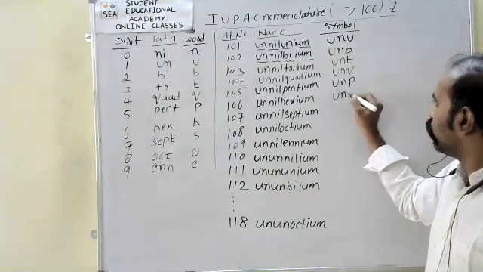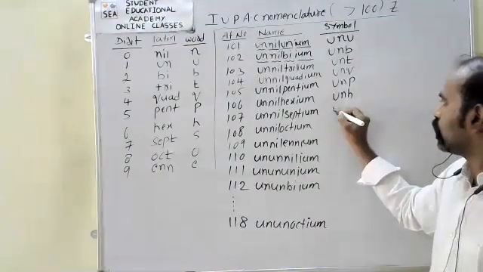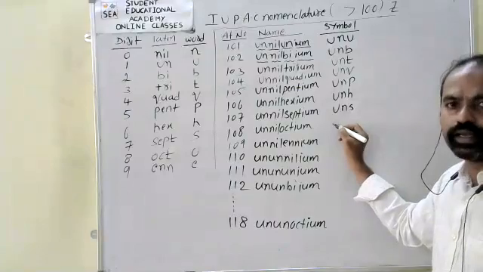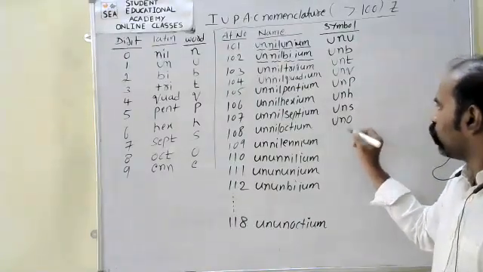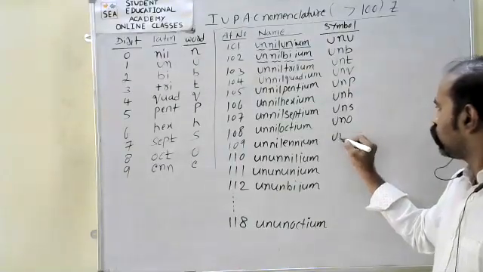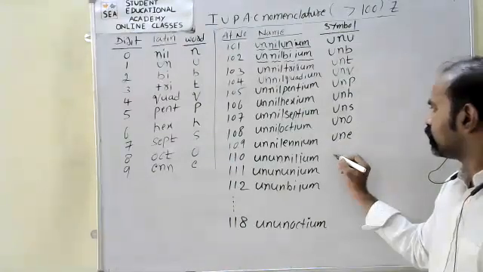Very good. 107 symbol: UNS. 108 symbol: UNO. 109 symbol: UNE.